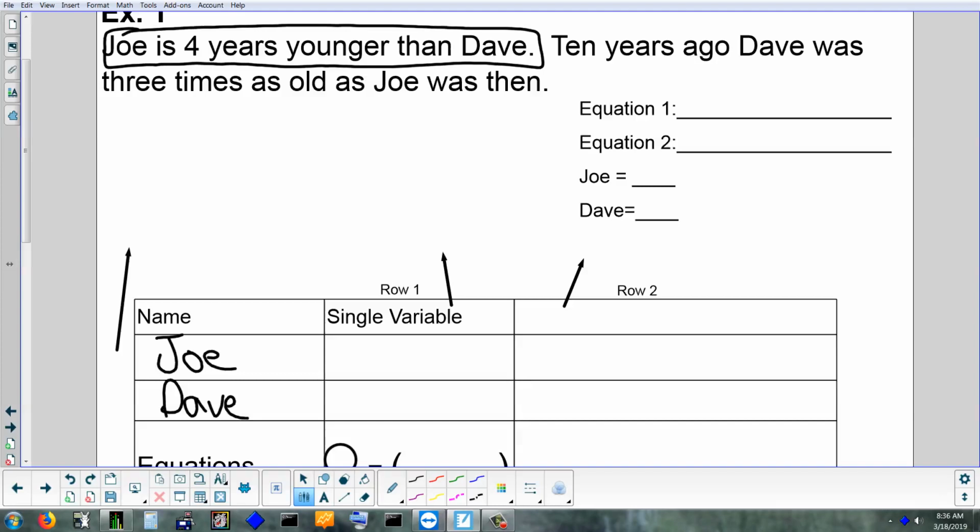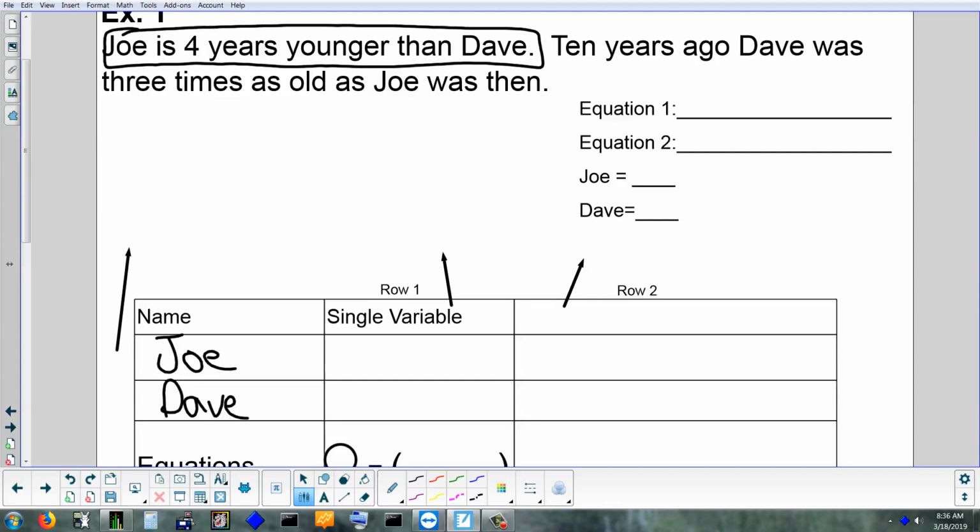Now in that first sentence, am I talking about Joe and Dave presently, in the present, in the future, or in the past? Am I talking about them and their ages in the present right now, in the future, or in the past? Present, right? So how would I represent Joe? What do you think, Paige?